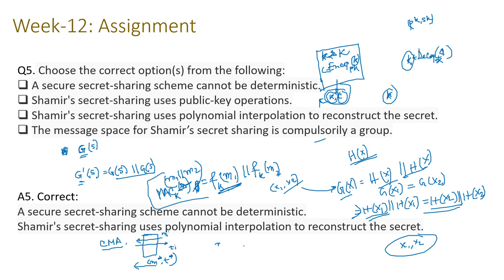Why? Because let's say you query with some M1, M2, you see the corresponding MAC output of this form, right? Then you query again with some other M1', M2', and see the corresponding output.